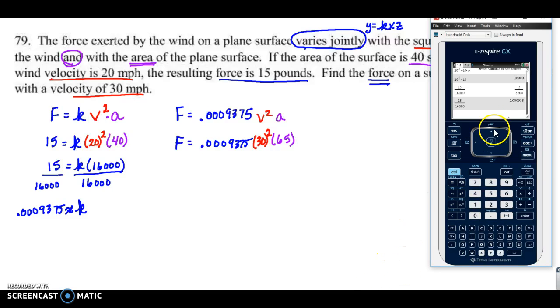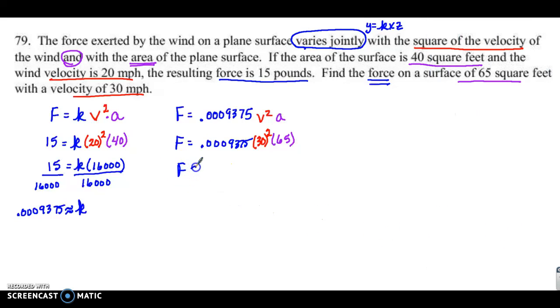So I want to just plug that into my calculator. When I pull up my calculator, this was my decimal that I have right here. So I can simply say times, and then I'm going to put it in parentheses just because I like it to look the same as it does on my paper. So I'm going to have that squared, and then I'm going to multiply that times 65, and I make sure it looks the same as it does on there, and push enter, and I get that my F is approximately 54.844 pounds.